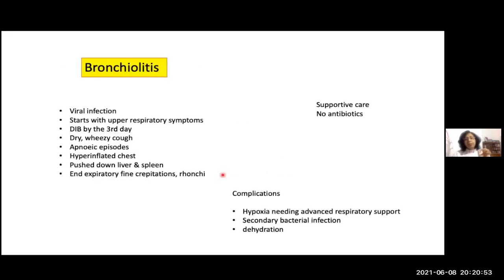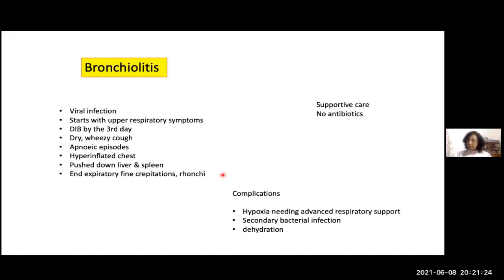Now, a few words about bronchiolitis. I'm not going into the details of any particular infection. It's a viral infection. You know the causes, like respiratory syncytial virus and even parainfluenza and metapneumovirus, all cause bronchiolitis in infants. They develop difficulty in breathing around the third day of the illness. They can even present with apneic episodes. And when you examine, you might see a hyperinflated chest.